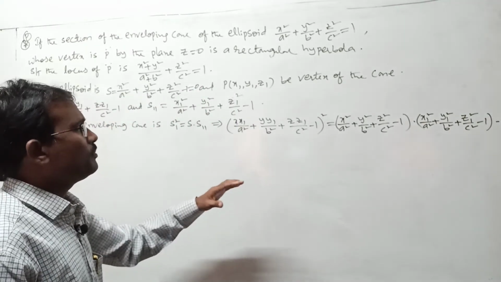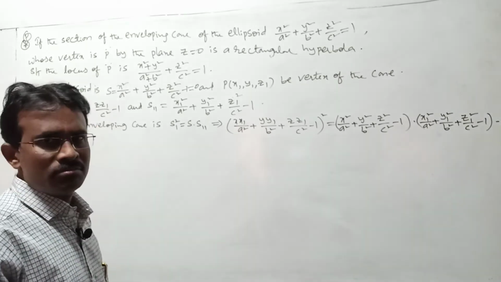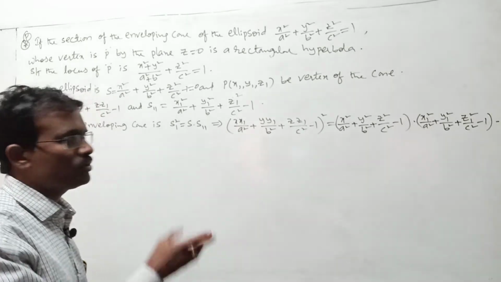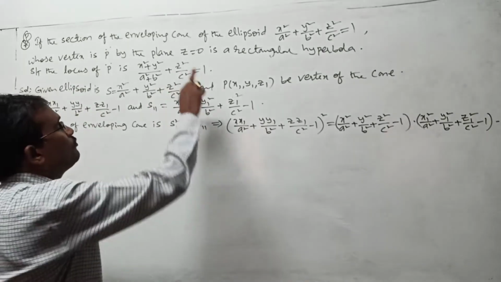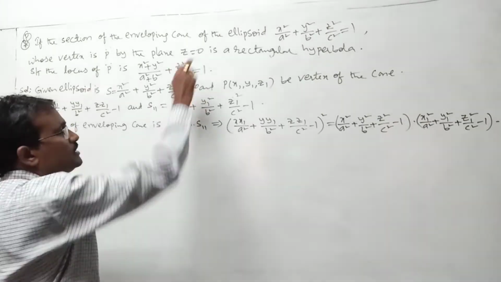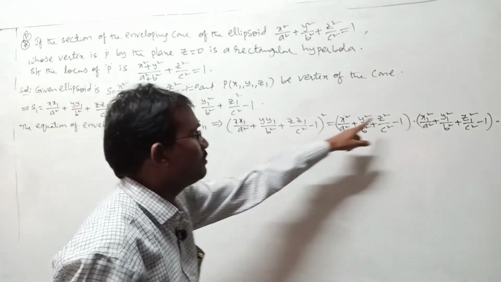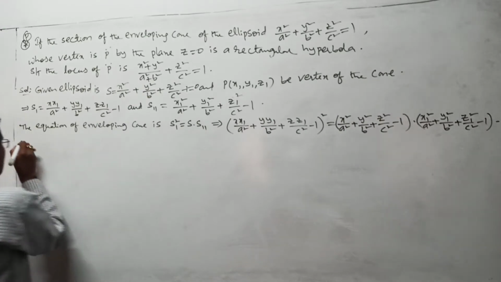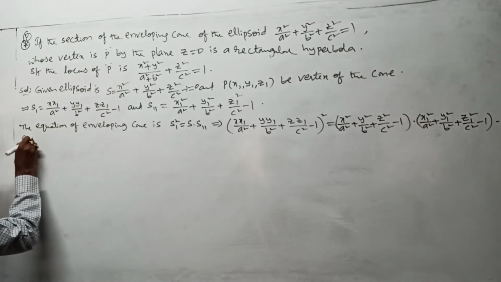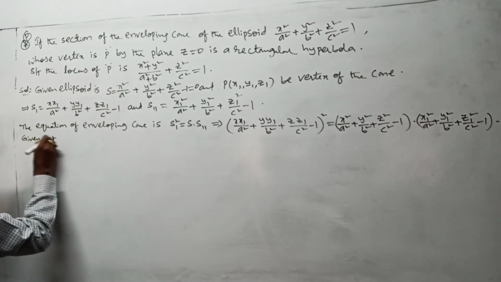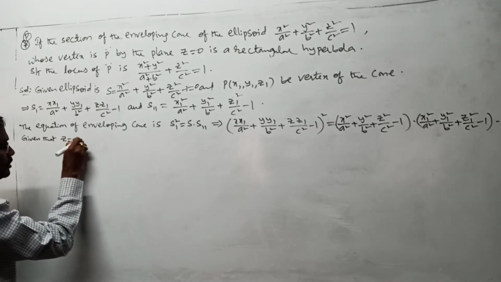In the next step, we take all the terms to one side. But before doing that, I want to apply the given condition. Given that z equal to 0, substitute z equal to 0 here.